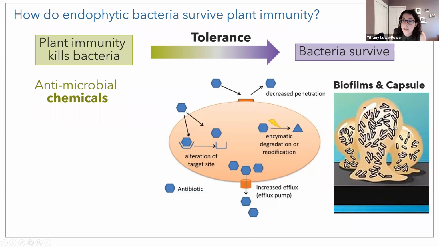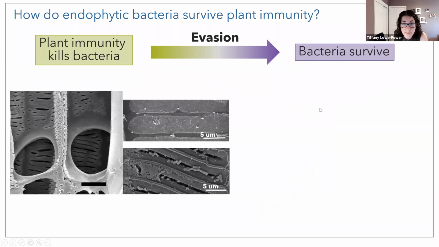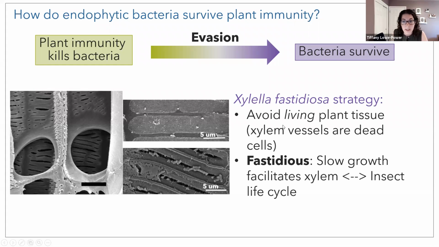Additionally, when bacteria grow in those biofilm communities, the polysaccharides resist the diffusion of these chemicals to where the cells are. And so by slowing the diffusion of antimicrobial chemicals, that provides some tolerance. Some bacteria have an evasion strategy.